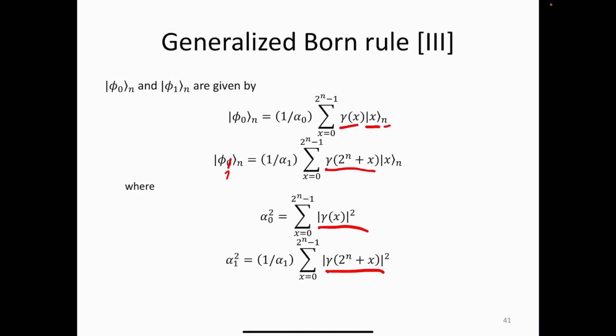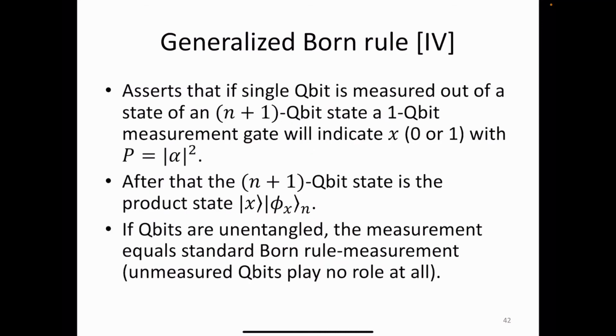Okay, and together, as just said before, they again sum to unity. So it asserts that if a single qubit is measured out of a state of an n plus 1 qubit state, a 1 qubit measurement gate will indicate 0 or 1 with probability of alpha squared.